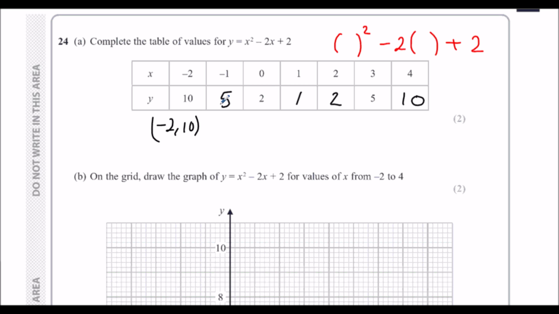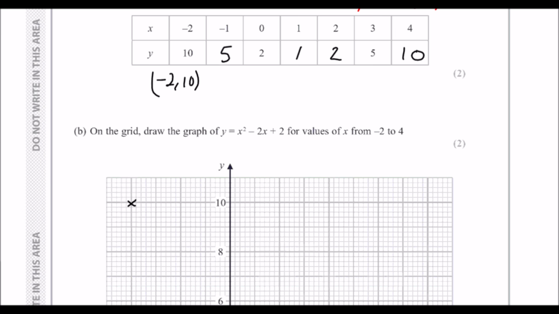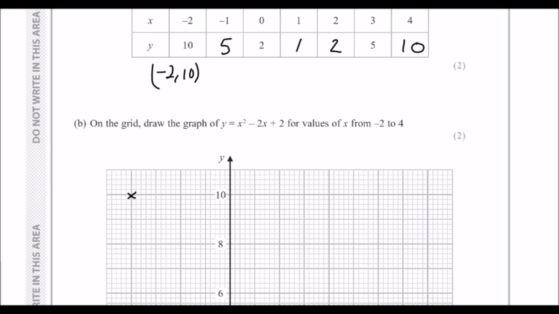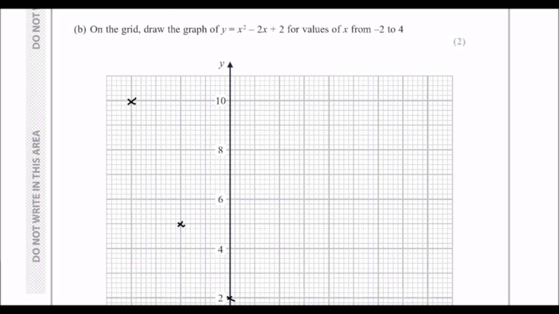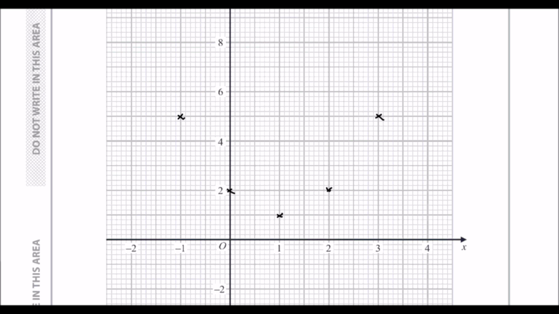We've got -1, 5, 0, 2. 1, 1. And then it was 2, 1 as well, wasn't it? No, 2, 2 as well. 3, 5. And 4, 10.